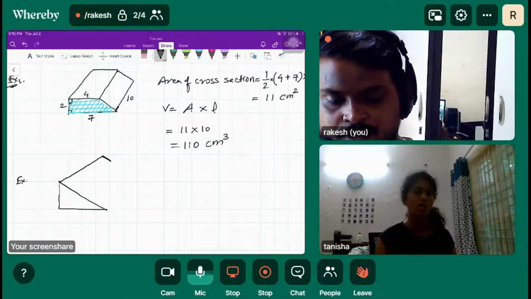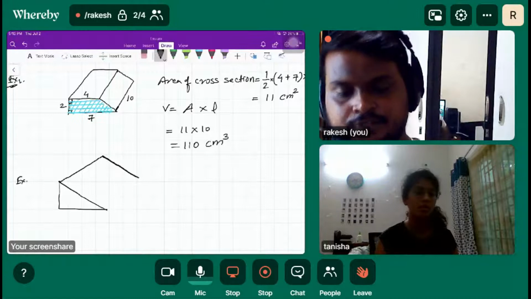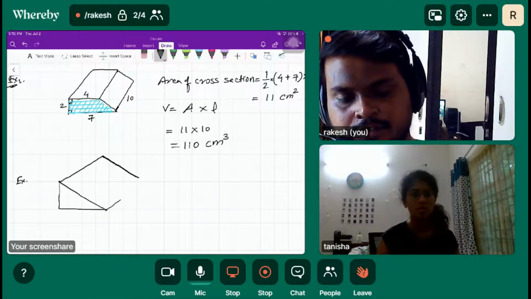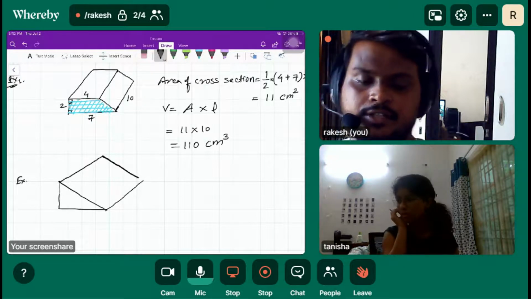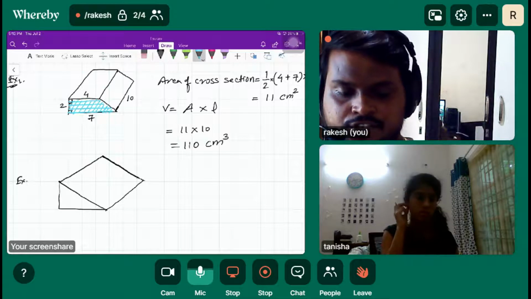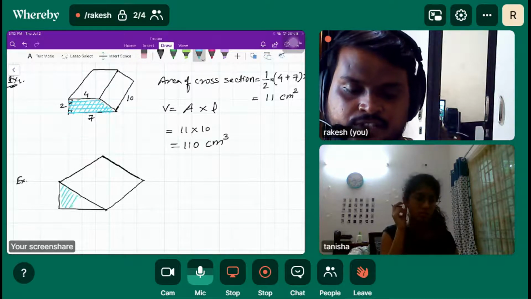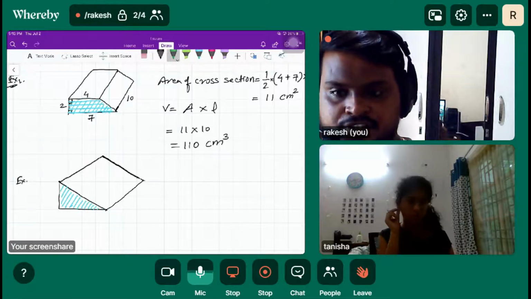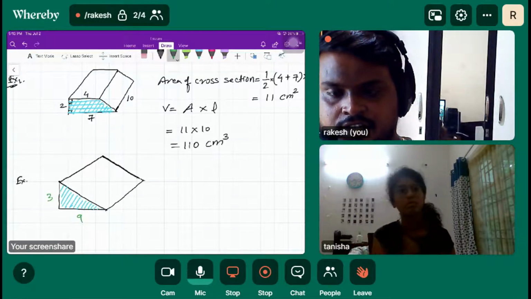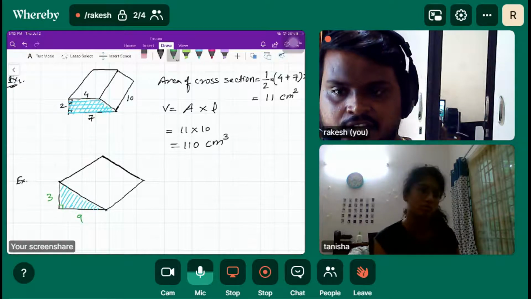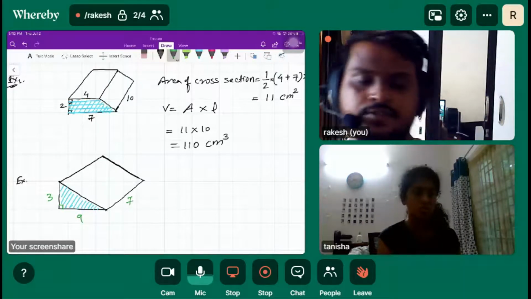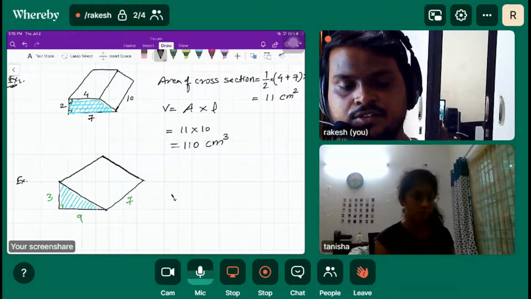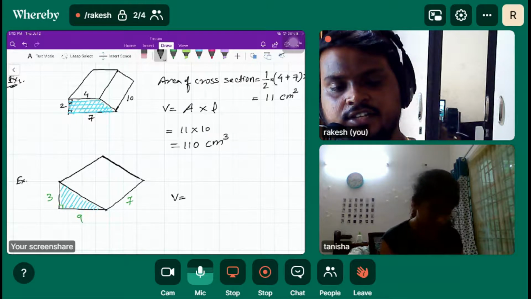You will have to imagine the diagram properly. Like this. So the cross section of this figure is basically this triangle, and the dimensions of this object are 9, 3, and the length is 7. Okay, find out the volume of this. Did you understand the diagram here?